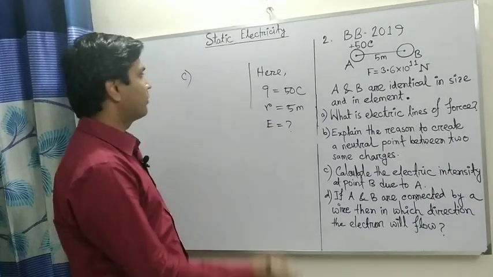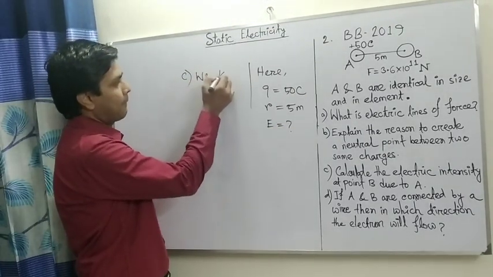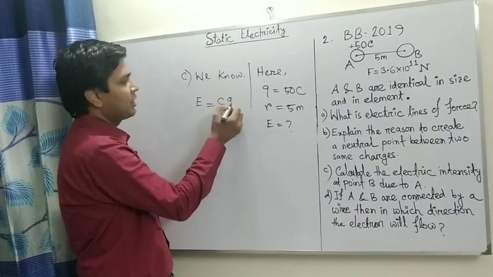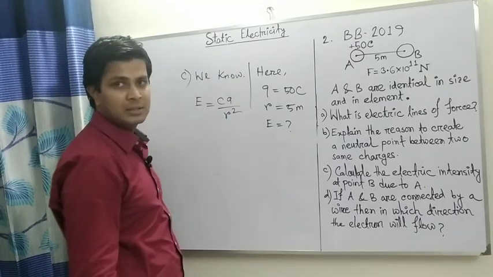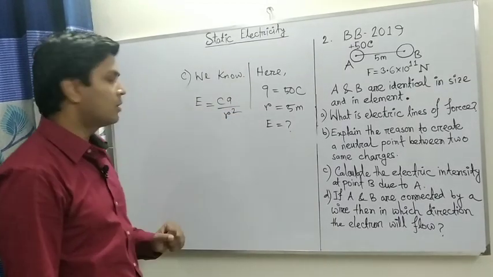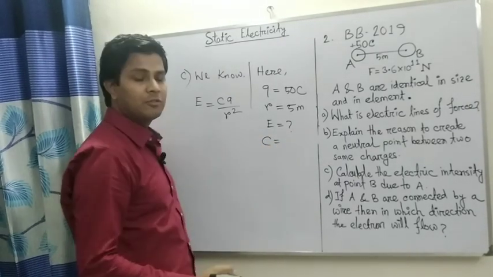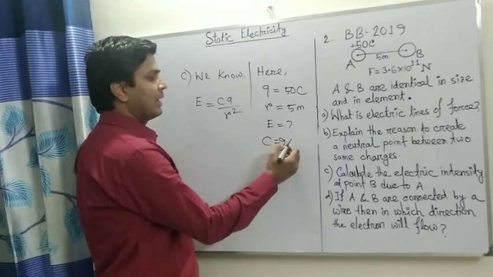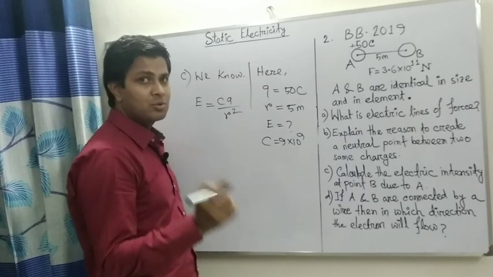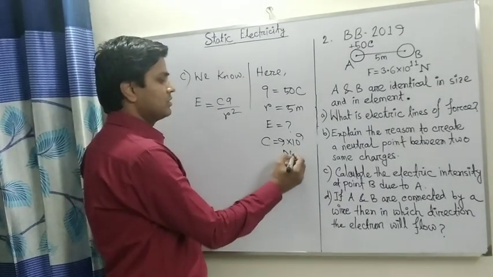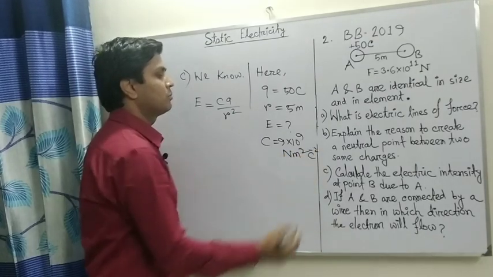So we know the formula of electric intensity is E equal to CQ by R square. Here C is the Coulomb constant, which has a fixed value. We know the value of Coulomb constant is 9 into 10 to the power 9. But don't forget to write the unit of Coulomb constant, which is Newton meter square per Coulomb square.